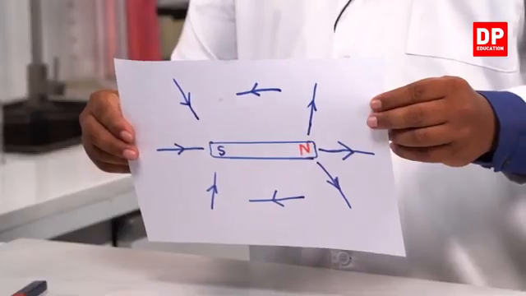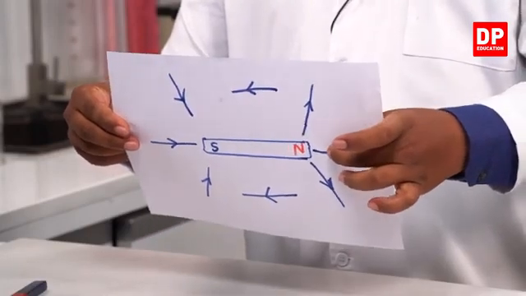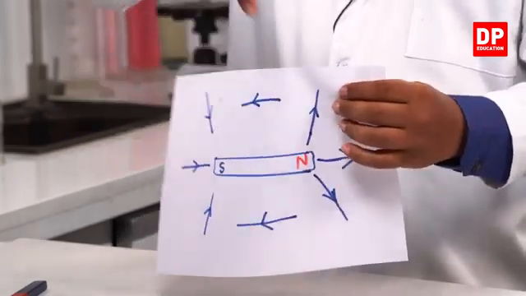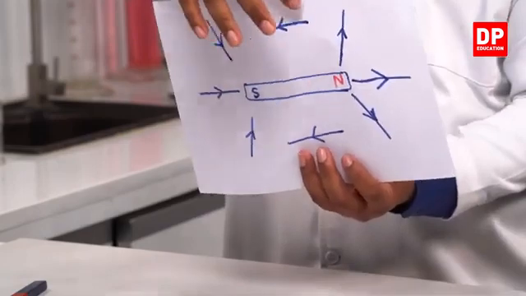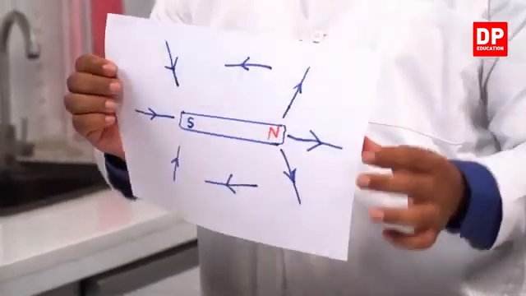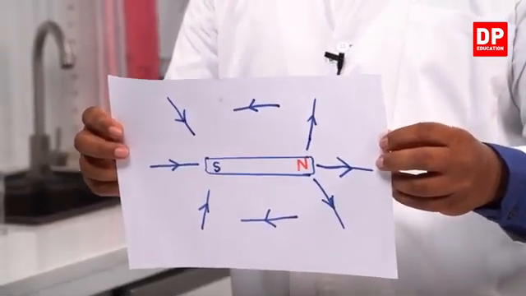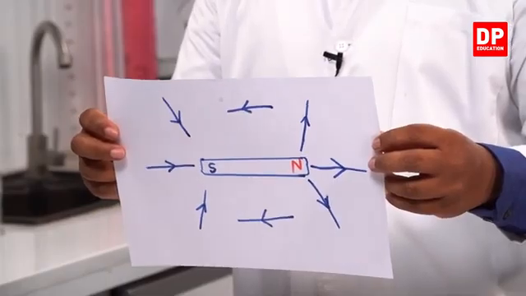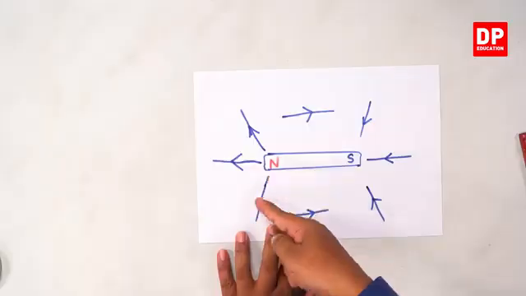So it's obvious to us that magnetism spreads from the north pole and it is going towards the south pole like this. The magnetic field lines are going to spread from the north pole and are always pointing towards the south pole.